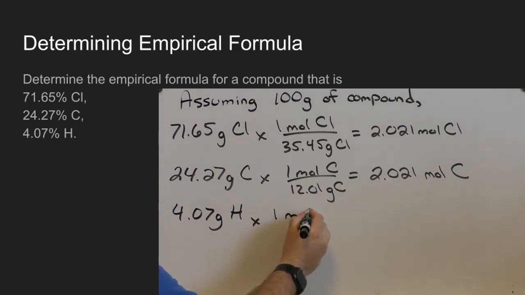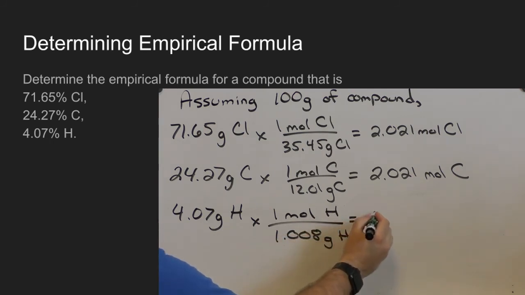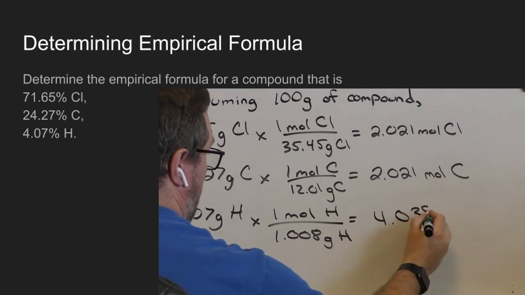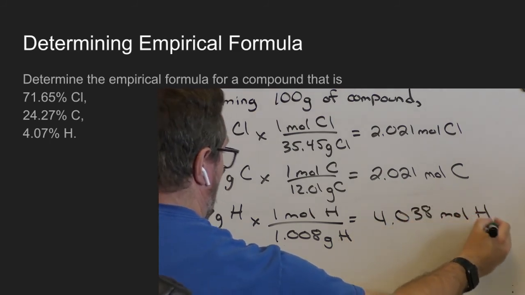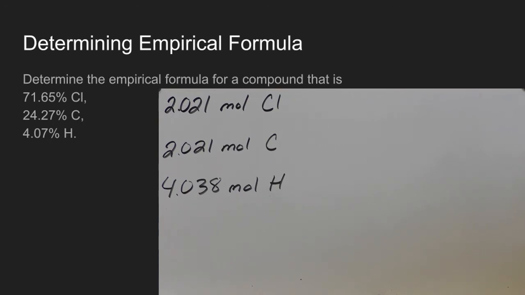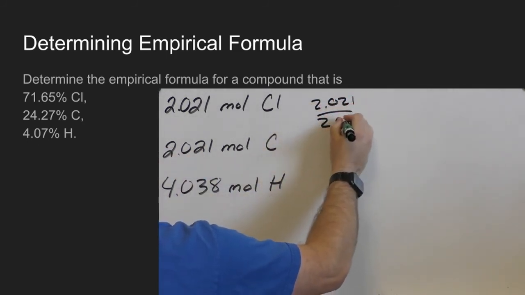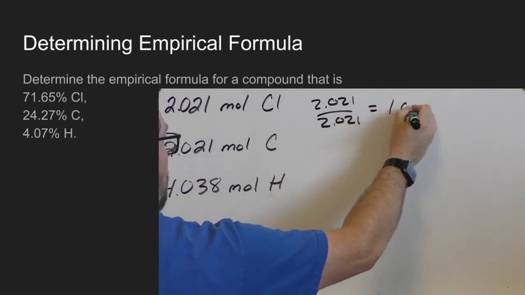All right, we'll do the same thing with hydrogen, 4.07 grams. Convert that into moles of hydrogen using the molar mass of hydrogen from the periodic table. And this time we get 4.038 moles of hydrogen. So now we have a mole ratio of the elements in this compound, but it's not the simplest whole number ratio. So we're going to take each number of moles and divide by the least number of moles.